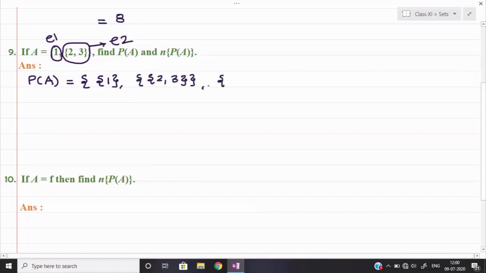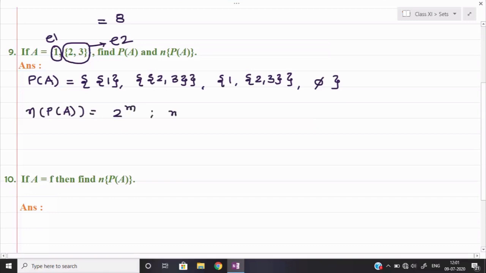And then I will take both the elements, because only two elements are given. So firstly I have taken separately both the elements, now I will take both of them. So here in the curly bracket I will write down 1, then curly bracket 2 comma 3, that is the second element, and then close the curly bracket, and the last one is here 5. So if I want to find the number of elements in the power set of A, that would be 2 to the power m. What is the value of m here?